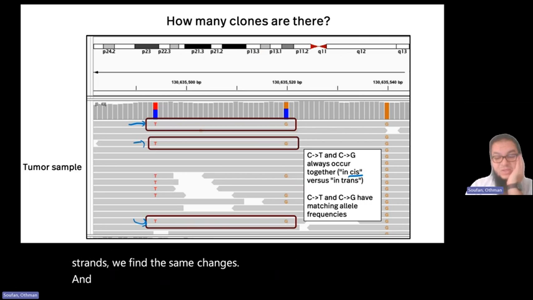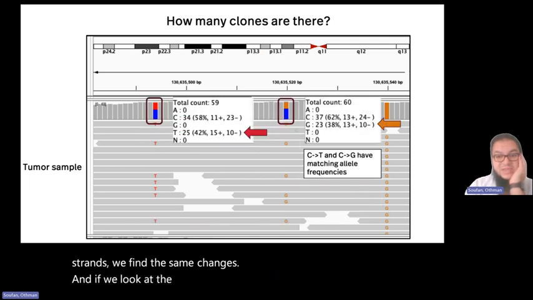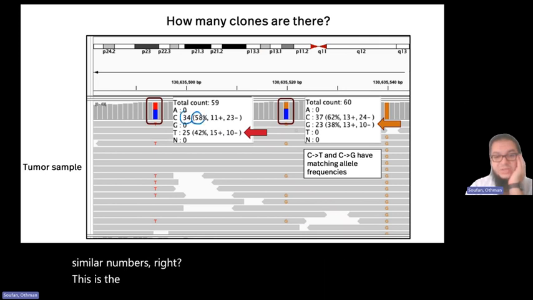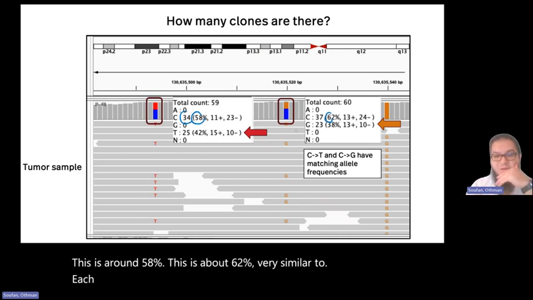And if we look at the allele frequency in this case, we can see very similar numbers, right? This is around 58%, this is about 62%, very similar to each other in this case. And then we can look into this one, 38%, 42%.